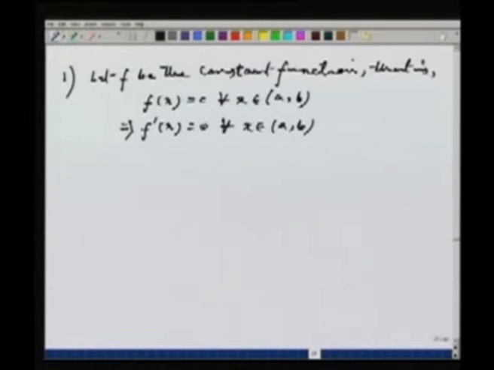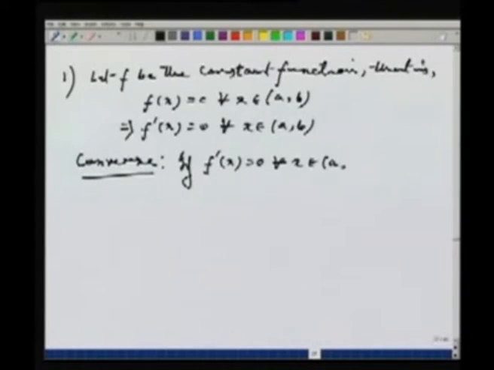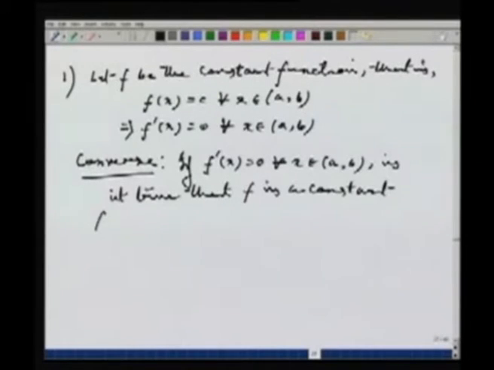The question is the converse. If f prime x is 0 for all x in the open interval a b, is it true that f is a constant function in the open interval a b?